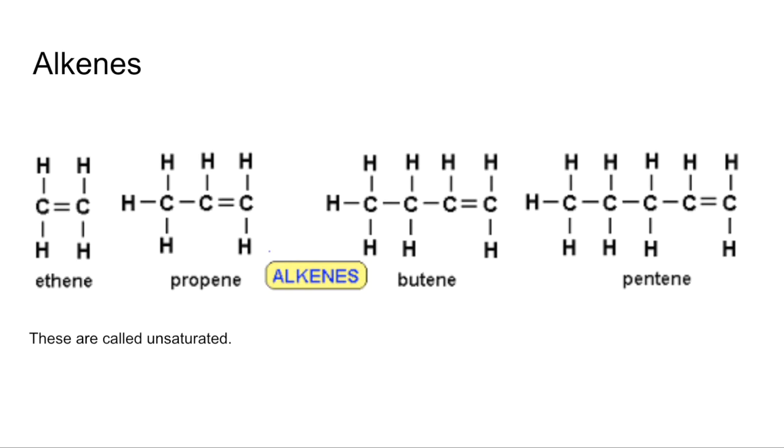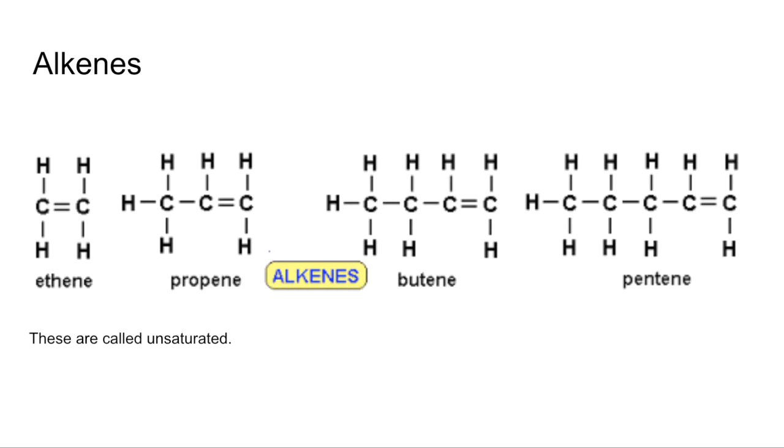The names are almost the same. You might see we have ethene, propene, butene, pentene. And so these are going to have less hydrogens on them, because 2 bonds are between the same 2 carbon atoms.